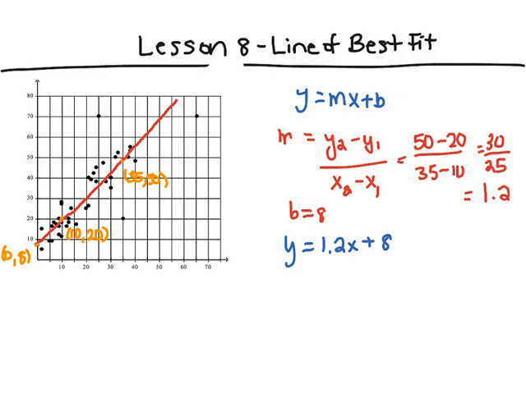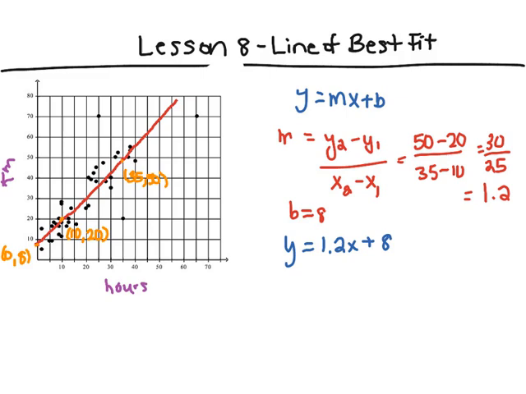If we wanted to estimate the kilometers for 33 hours, our kilometers are going up and down this way. These are our km and these are our hours.